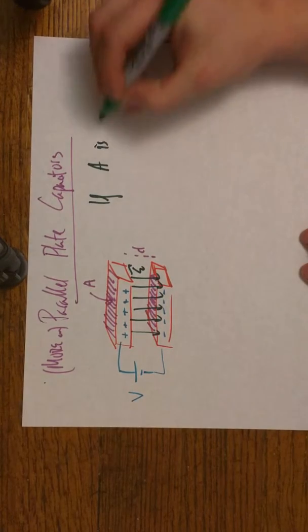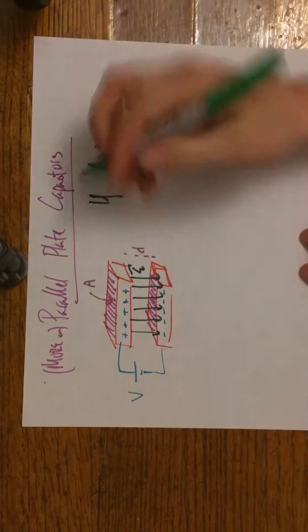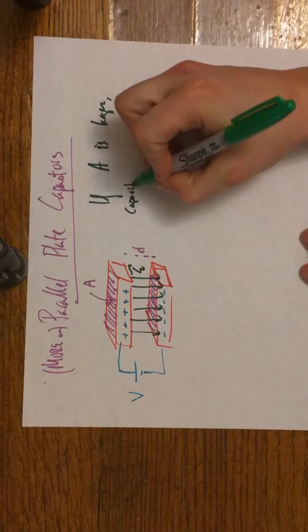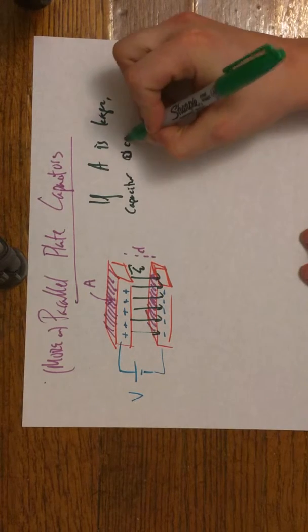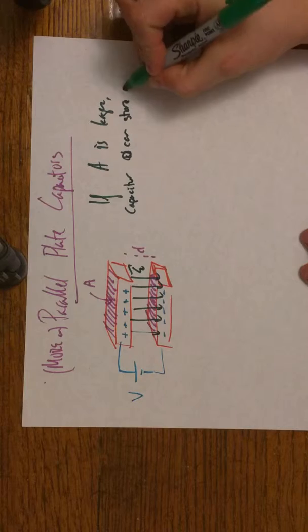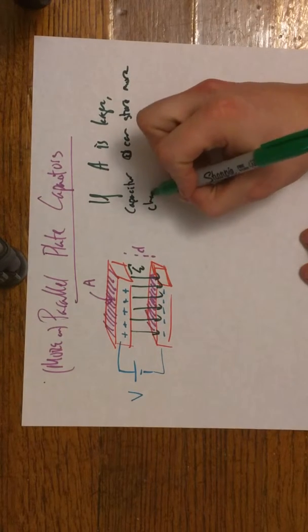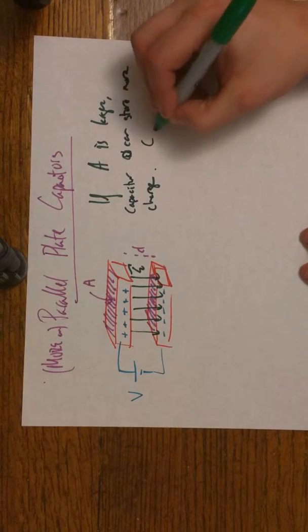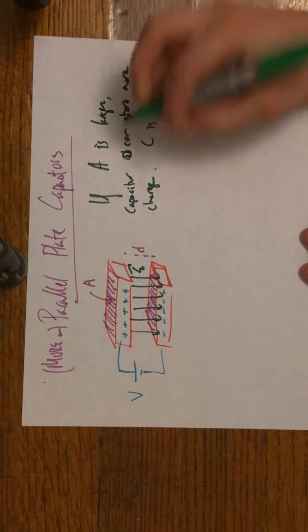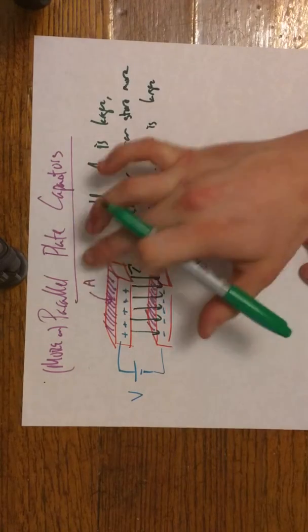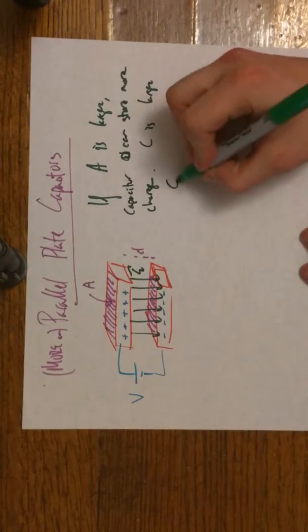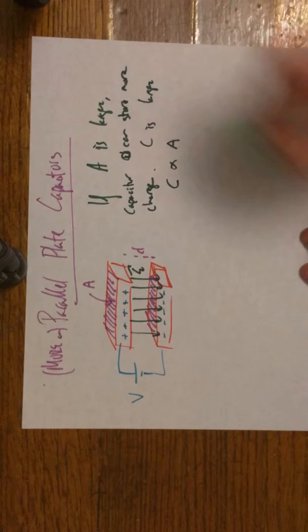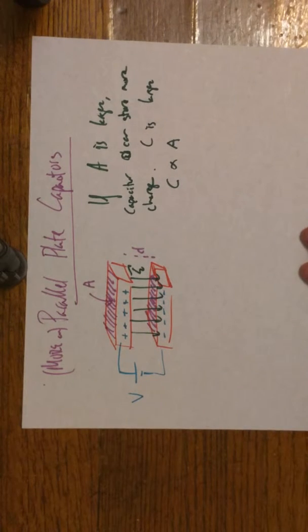If A is larger, the capacitor can store more charge. And if that's the case, well then C is larger. The capacitance must be larger if A is larger. So there must be a proportional relationship between the capacitance and the area of a capacitor.